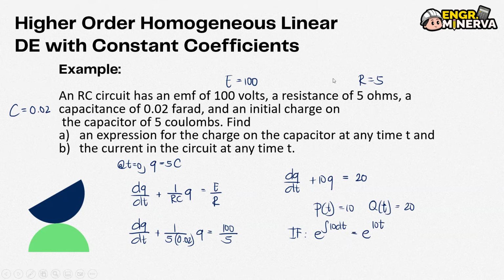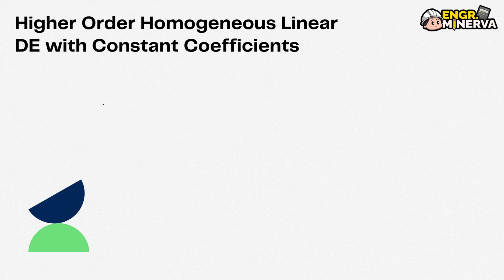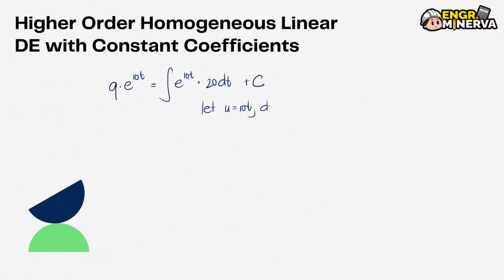Then let's now have our general solution. That would be q multiplied to the integrating factor equals the integral of the integrating factor multiplied to 20 dt plus C. If we let u equal 10t, then du is 10 dt, and 1 over 10 du is equal to dt. So q e raised to 10t equals the integral of e raised to u times 20 times 1 over 10 du plus c.